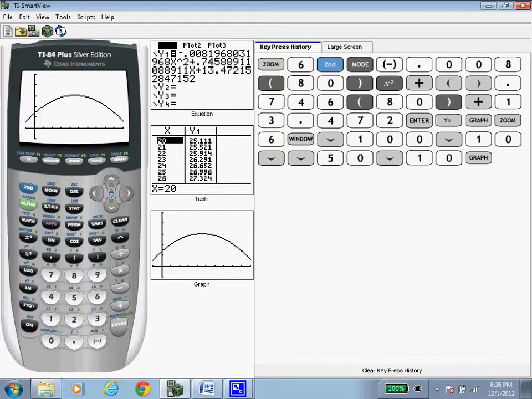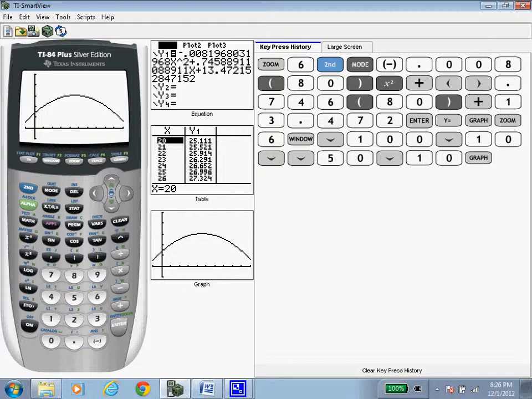Before, we've gone to second trace in order to find certain information about our functions. Namely, it was where two curves intersect or where they cross the x-axis, where the zeros are.